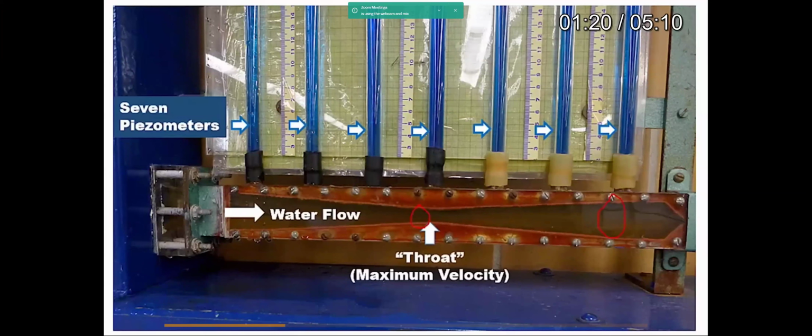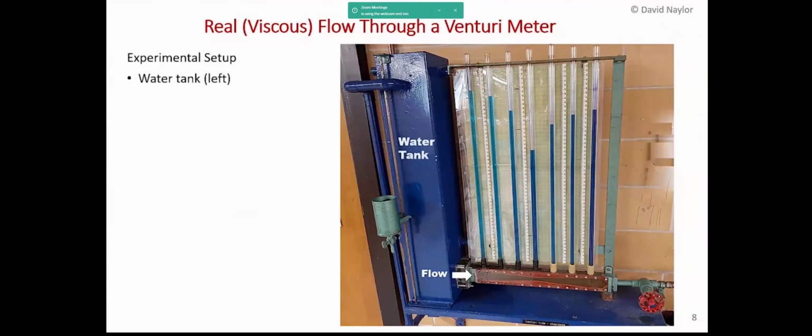Those are called piezometers. On the left-hand side, the blue one is a water tank. The water will flow from the bottom. On the right-hand side, you can see there are 7 pipes. When the liquid flows through them, you'll have different water levels. You can see that from the picture. Did you see that? When the area is small, speed is more, so pressure is less, and the height of the liquid is less.